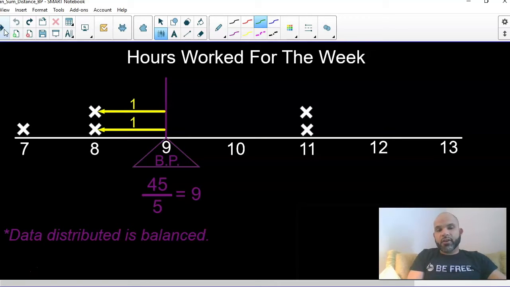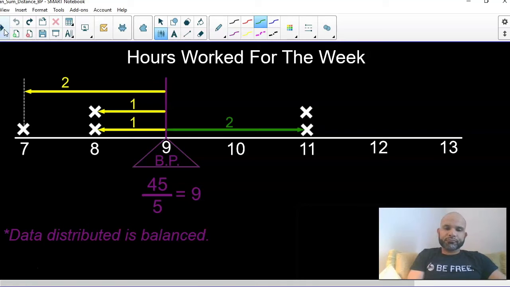We have another point that's 1 unit away from the balance point. And then we've got one that's 2 units away from the balance point, right? So that takes care of all of the data points that are less than, to the left of, the balance point. And then to the right, we have a data point that's 2 units away, and then another that's 2 units away from the balance point.